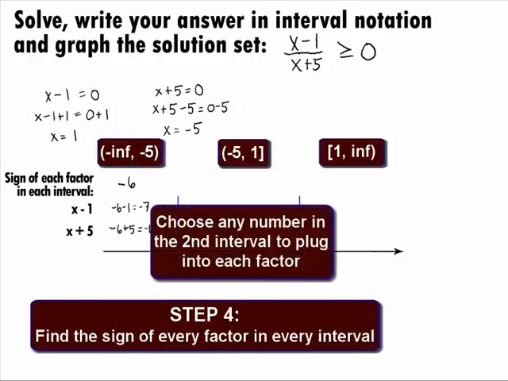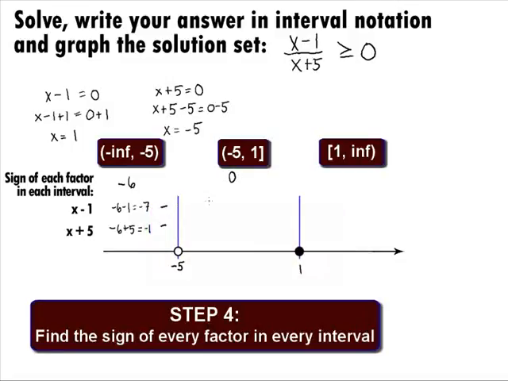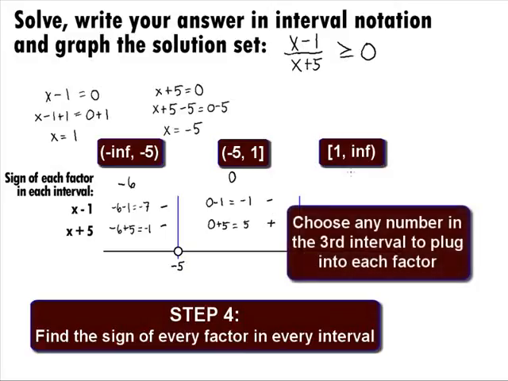Moving to the second interval of negative 5 to 1, let's go ahead and choose 0 to plug in. This will give us 0 minus 1 equals negative 1 for that top factor, which means that factor is negative for that interval. Plugging 0 into the other factor, we get 0 plus 5 equals 5. So this factor is positive in that second interval. Let's check out that last interval of 1 to infinity.